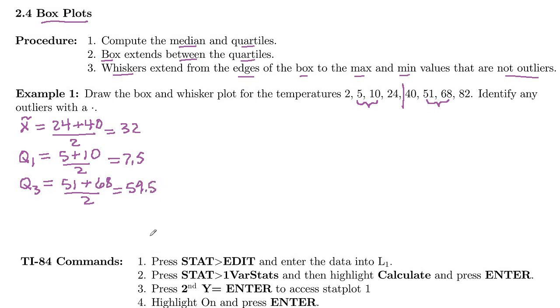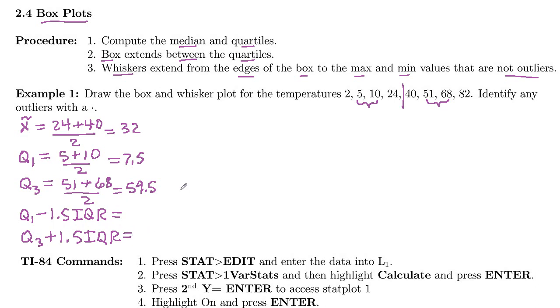And then we have to see what the cutoffs are for outliers here. So we've got Q1 minus 1.5 times the IQR. And then we want to figure Q3 plus 1.5 times the IQR.